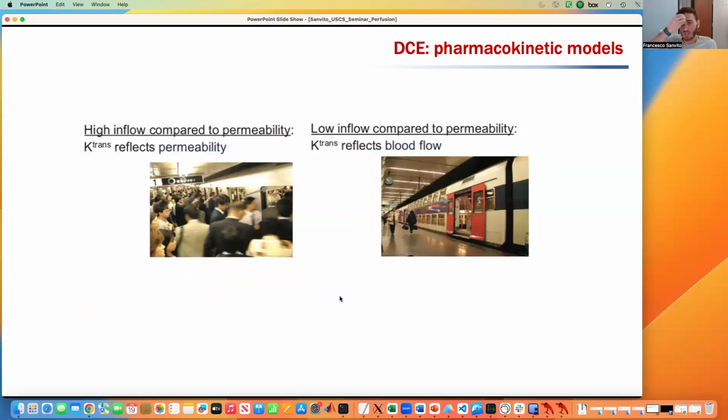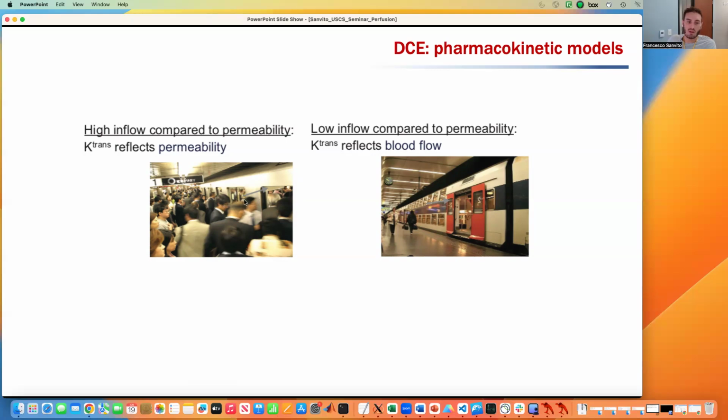One note about Ktrans, we usually say that Ktrans is a measure of permeability. This is correct to some extent. The Ktrans more correctly is the rate of extravasation from the intravascular to the extravascular space. Let's think about the subway on peak hours, like on rush hour, and let's say that the intravascular space is the train and the extravascular space is the station, right?